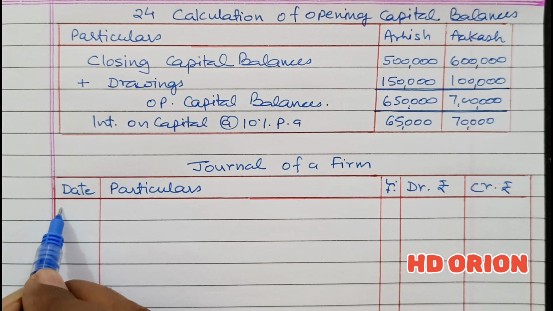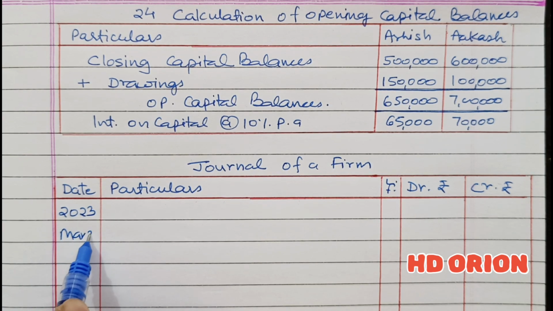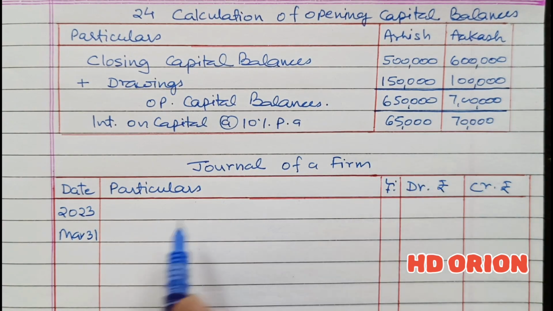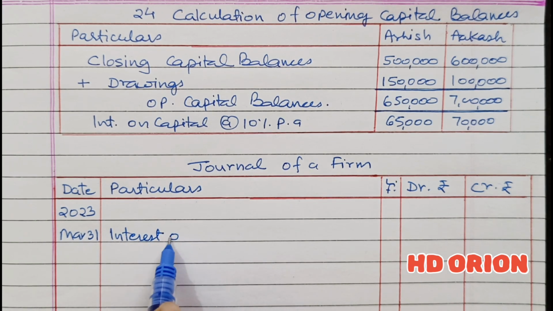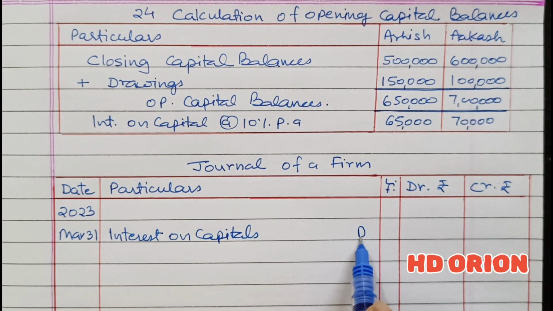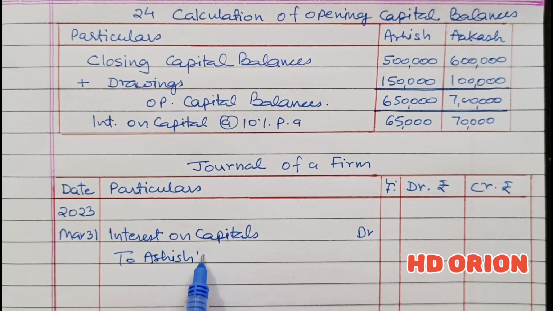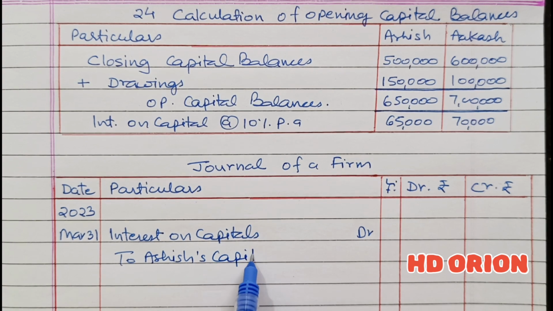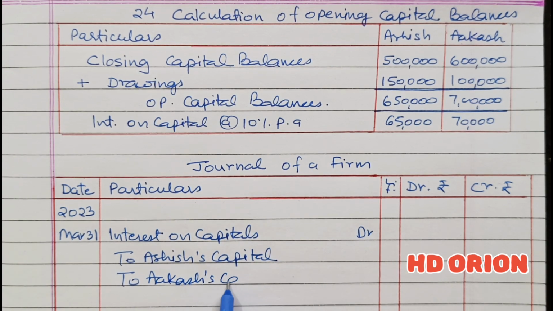For journal entry for the year ending 2023 on March 31st. So these are the two amounts, interest on capital, so it will be debited. Interest on capital's account debited to partner Ashish's capital account, and to Akash capital account.